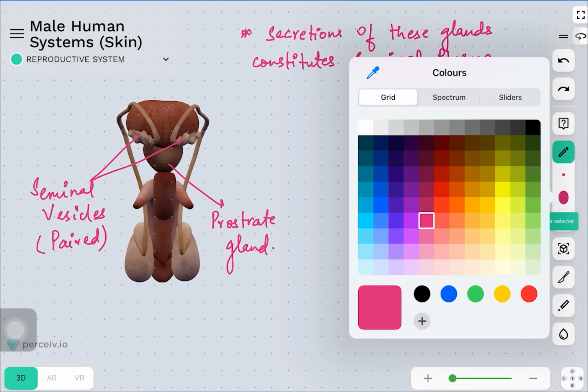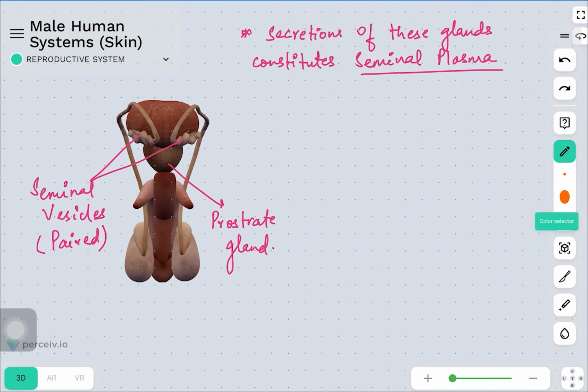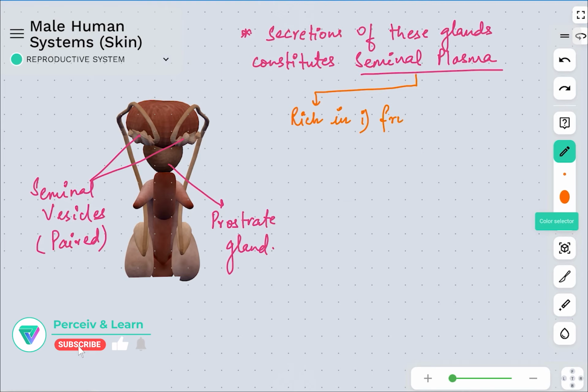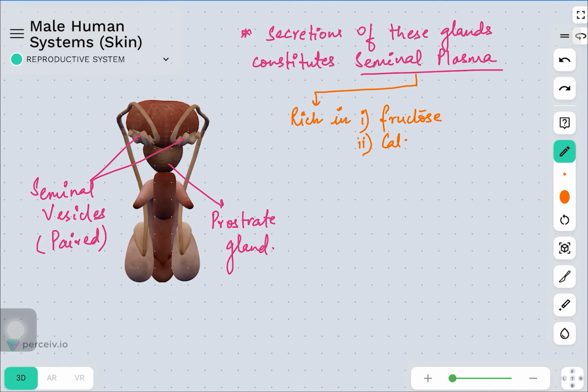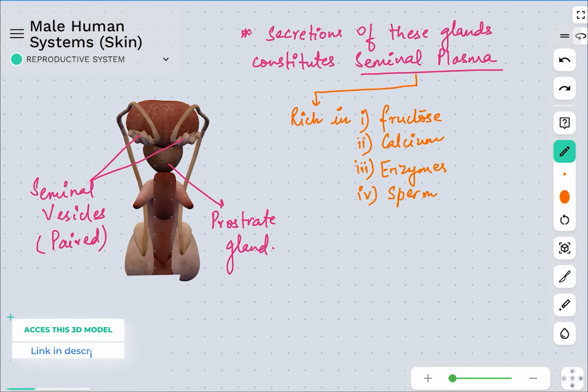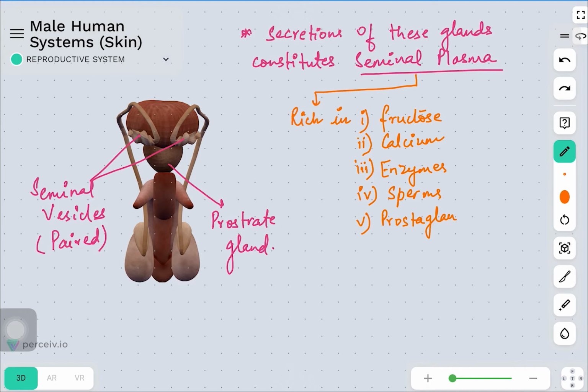All right, and this seminal plasma is rich in many components: fructose, calcium, enzymes, then of course sperms, then prostaglandins, and fibrinogen.